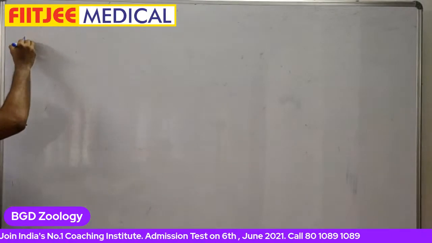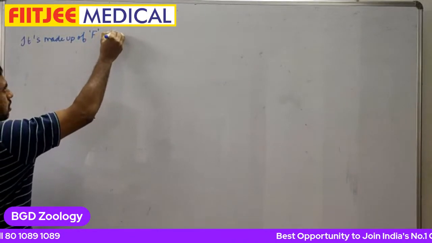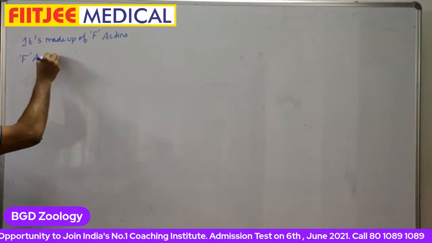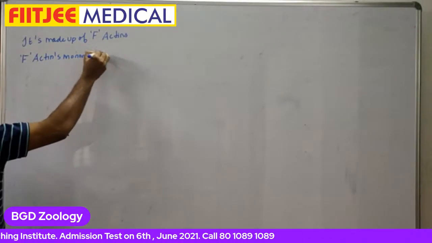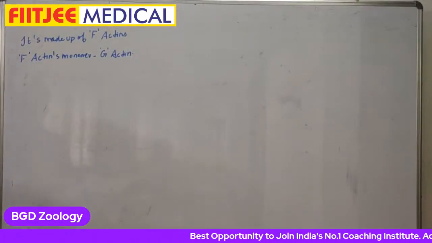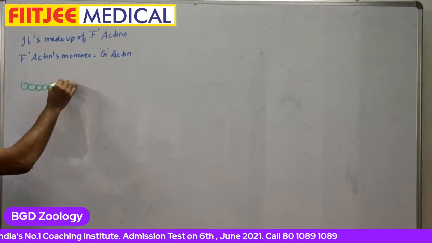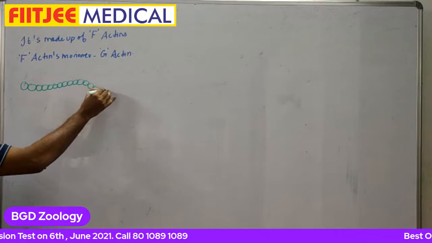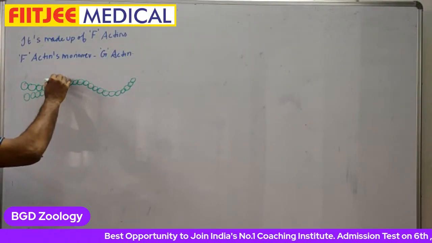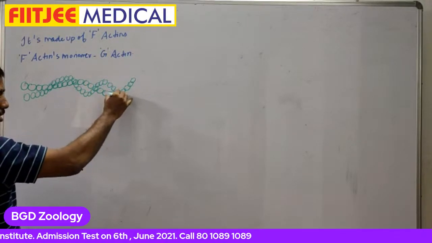Its monomer is G actin. Right. So that much is clear. Now you look at the actin, this structure exactly. They are helically arranged.